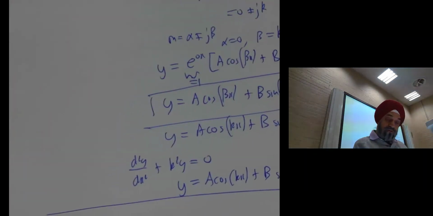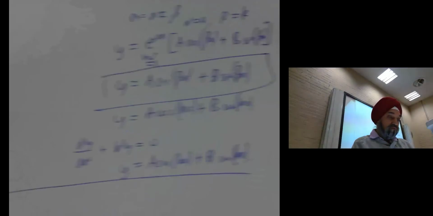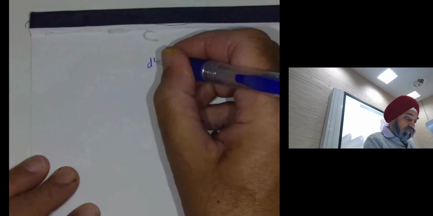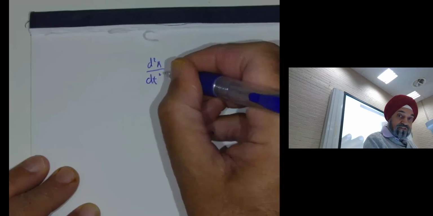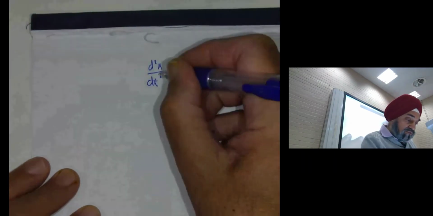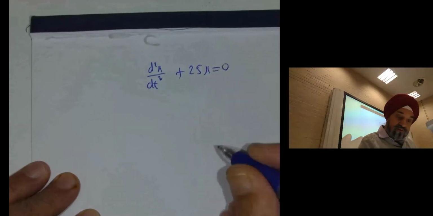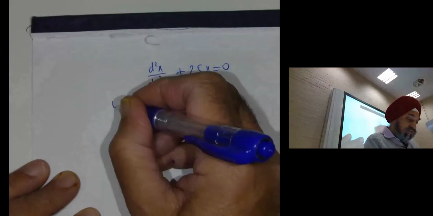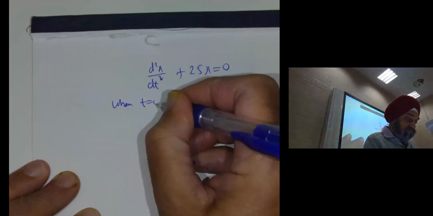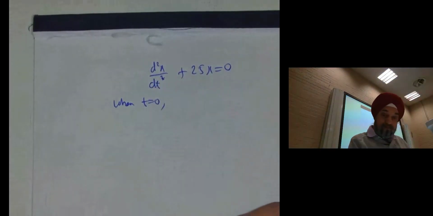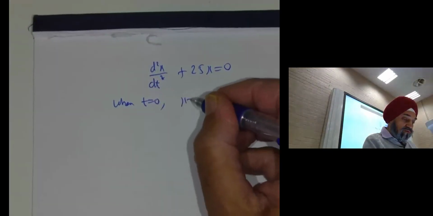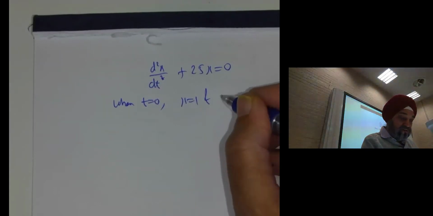You're told that d2x/dt squared plus 25x is 0, and you're also told when t is 0, x is 1 and dx/dt is 10.